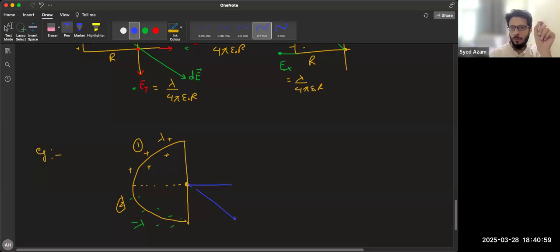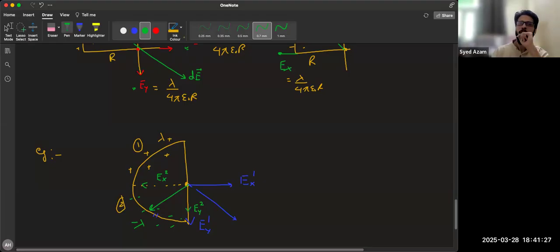The x component of the field is along positive x-axis, that is Ex1. The y component of the field will be downward, so this is Ey1. If I take a small element here, this is negative. The direction of the field due to this negative charge will be towards the coil. So the x component will be along negative x-axis, that is Ex2, and the y component is again downwards, it's Ey2.